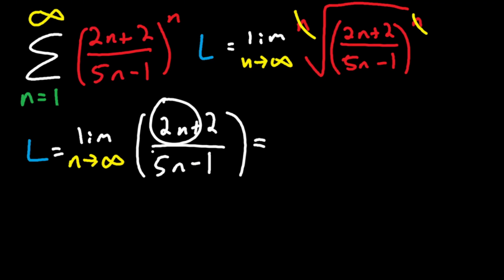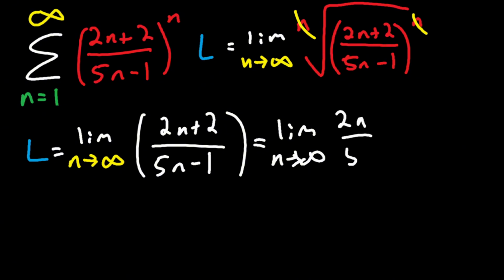Well, 2 times n and 5 times n are the largest exponents in the numerator and denominator. So we have the limit as n approaches infinity for 2n over 5n. And technically the largest exponents are because n is to the power of 1 here. The rest are just constants. Obviously, those don't have any powers or exponents, so kick them out.